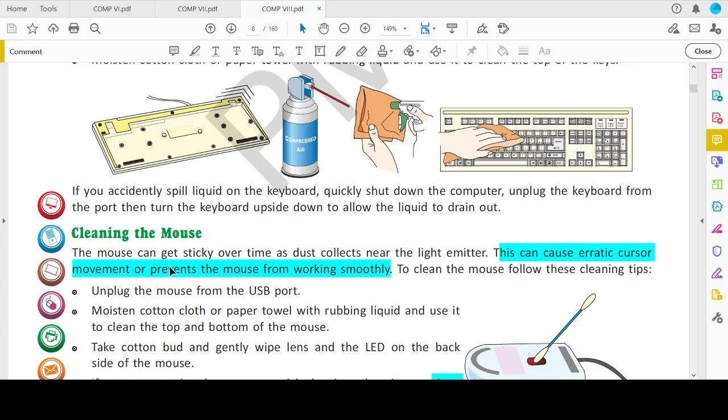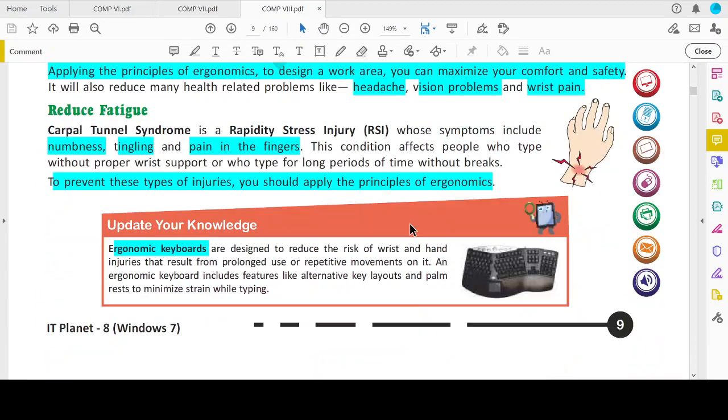So you should clean it so that it works properly and optimally. What if the dust gets accumulated between the keys of your keyboard? The keys will fail to work properly. The keyboard will become non-functional, and therefore you should take good care of your computer.